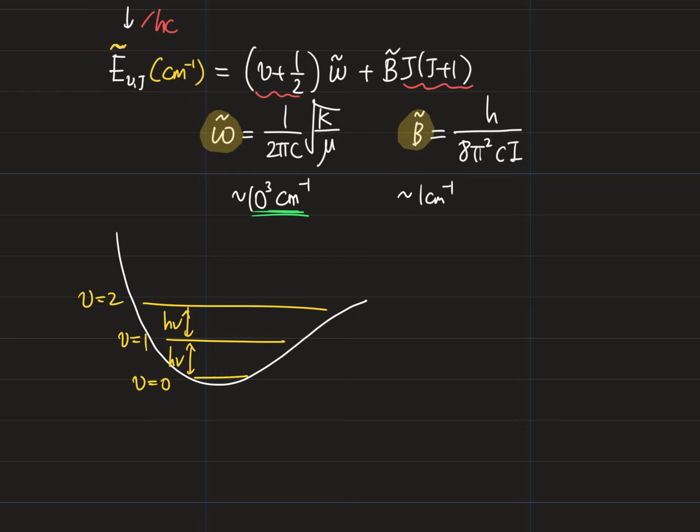So the rotational energy levels are something like this, and from here, something like this. Even though it looks like a continuum, if you enlarge this area, the energy levels are really compactly spaced. So they look like nearly continuous levels compared to the vibrational energy levels.